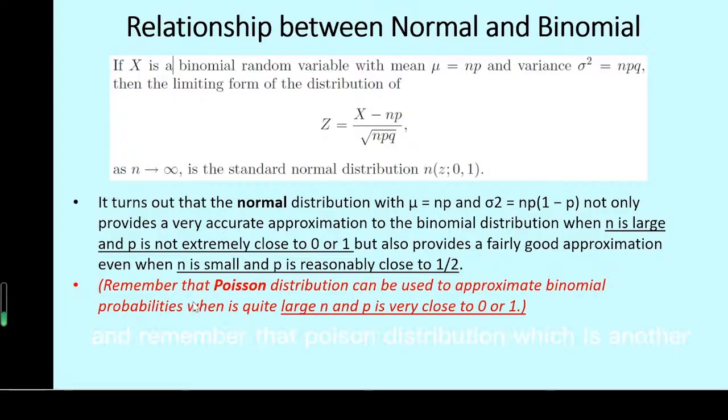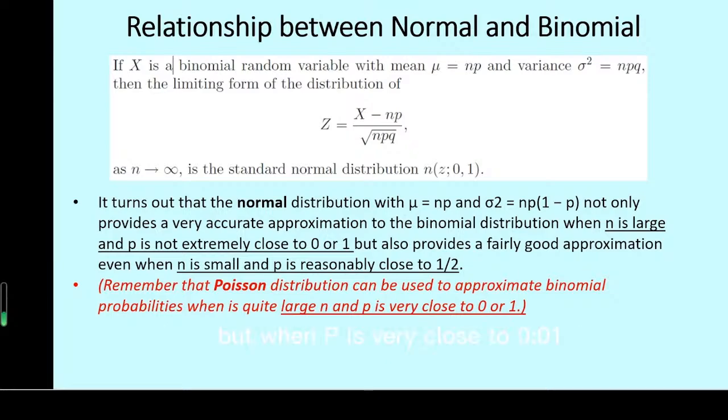And remember that Poisson distribution, which is another discrete random distribution, can also approximate a binomial probability. So when n is large and p is very close to 0 or 1, the binomial distribution can be approximated by other distributions. When n is large and p is not very close to 0 or 1, it can be approximated by normal distribution.